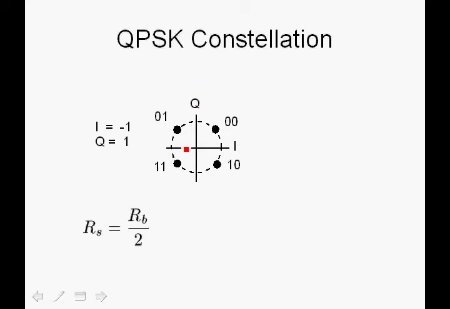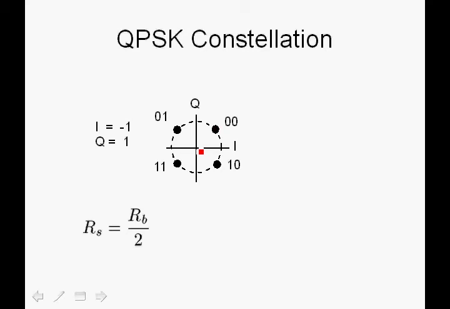In a constellation, we basically have analog signals that can also be represented digitally, but think of them as analog in a two-dimensional space. We have the in-phase channel and the quadrature phase channel. We have the in-phase axis and we have the quadrature axis. You can also think of the in-phase axis as the real axis and the quadrature phase axis as the imaginary part. Within the two-dimensional space, we have points, in this case 4 points.